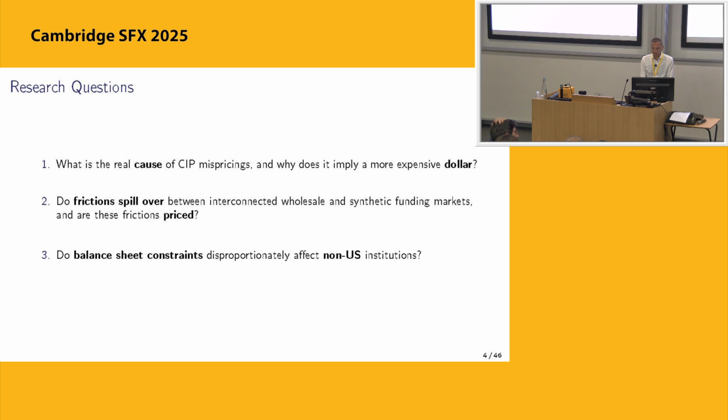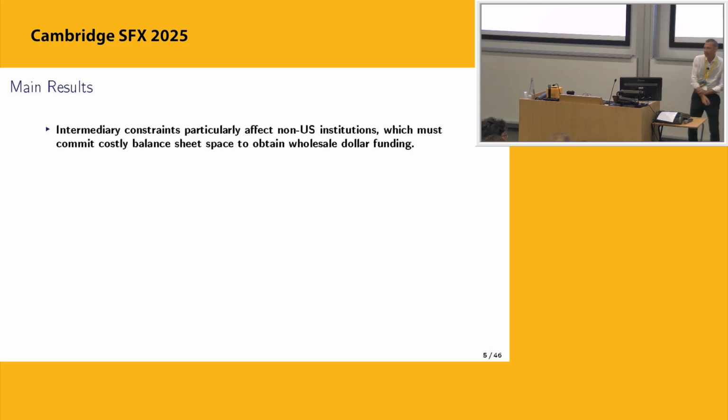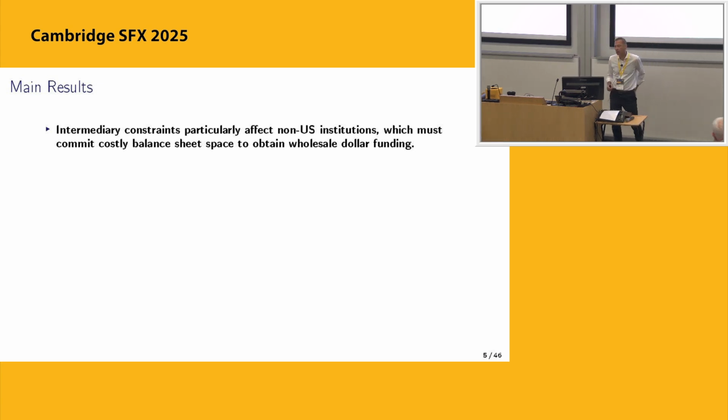institutions. Let me summarize the main results up front. First, we do find that intermediary constraints largely affect non-U.S. institutions, because they must commit costly balance sheet space to obtain this wholesale funding. So the root of the problem is the wholesale funding, not the FX market.